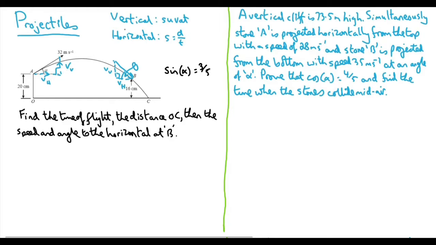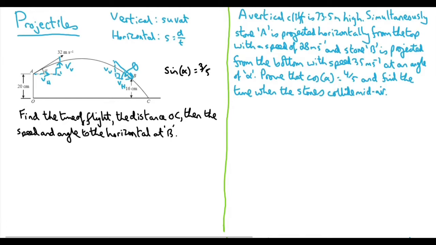Again, whenever we're doing these separate vertical and horizontal bits, the velocity is always the component, never the overall speed. So we know the initial vertical velocity. We don't know the velocity with which it's going to hit the ground vertically, but we know that the acceleration is going to be gravity downwards, and we're trying to find time. Right? That gives us enough to work out the SUVAT.